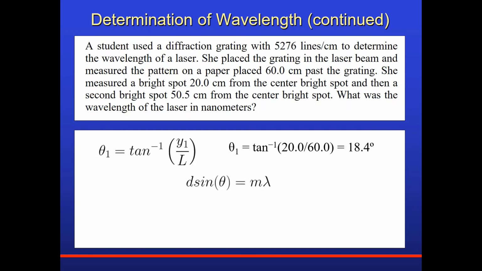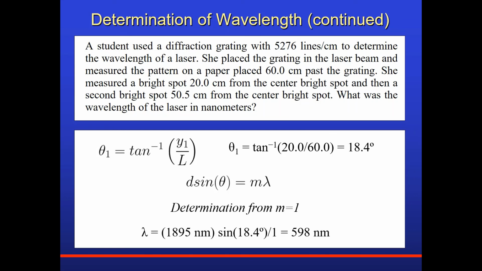Here's the condition for constructive interference. We have the angle. We know that m is equal to 1. So we solve for the wavelength lambda by taking d sine theta divided by m. So this is the determination of the wavelength from m equals 1. There's d, 1895 nanometer.